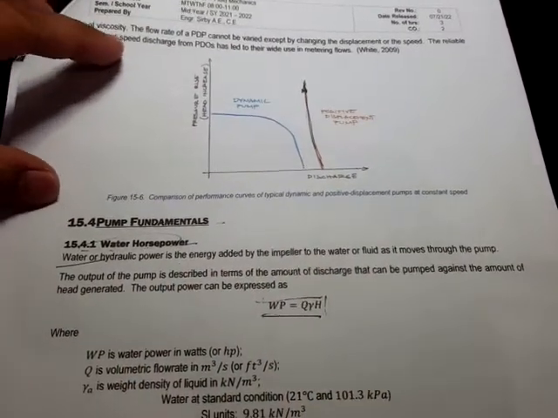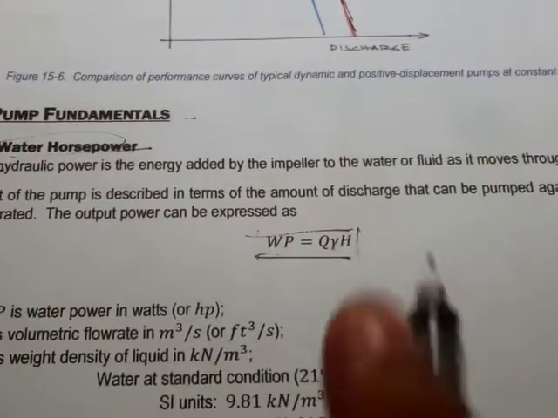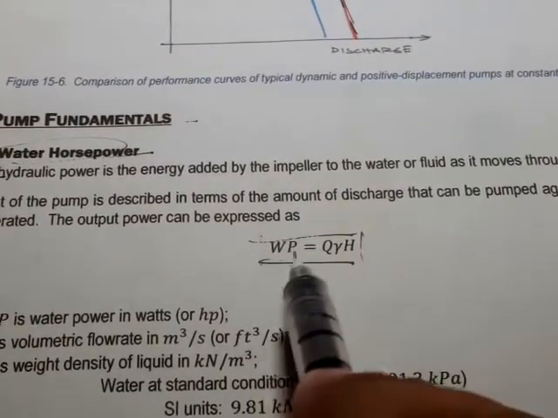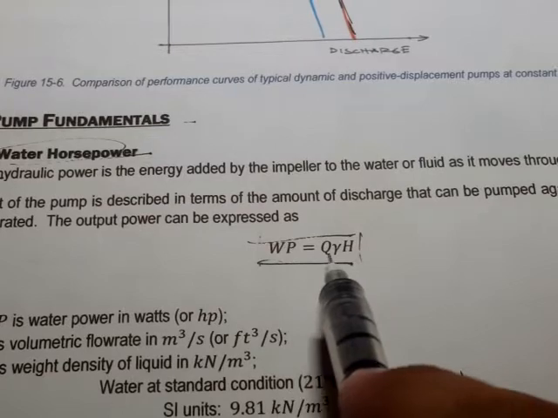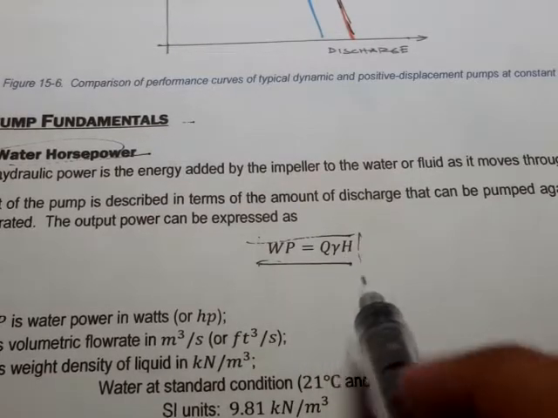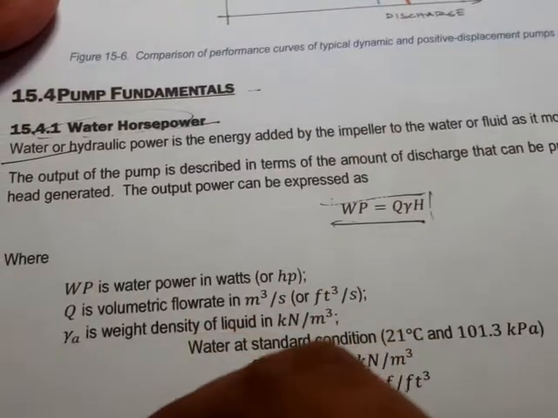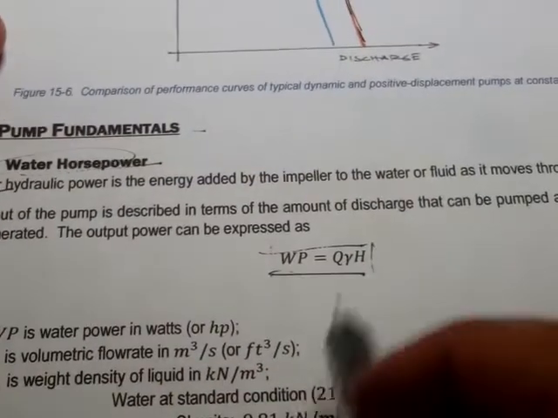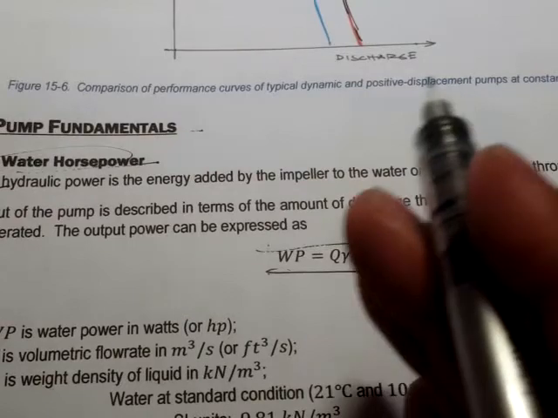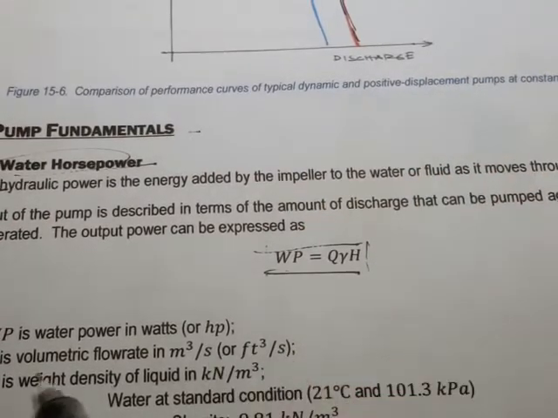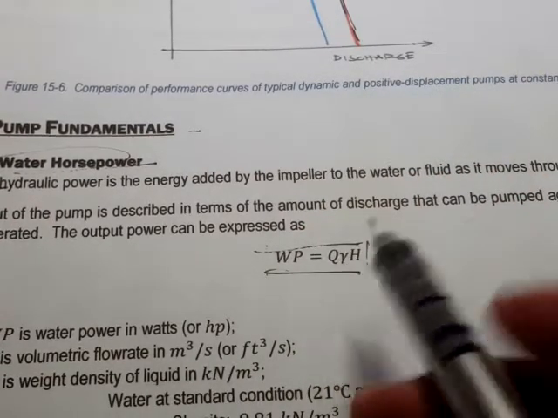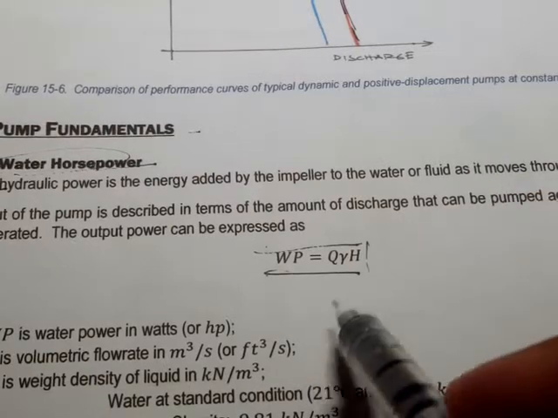The equation is WP, for water power, equal to the flow rate Q times the weight density times the head, or the pressure head, or the pump head. Water power is in watts or sometimes in HP. The volumetric flow rate is in cubic meters per second or cubic feet per second.